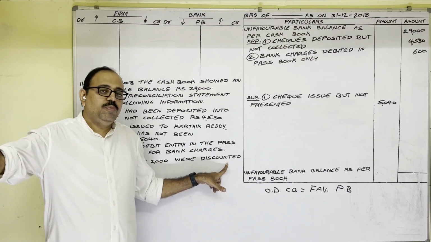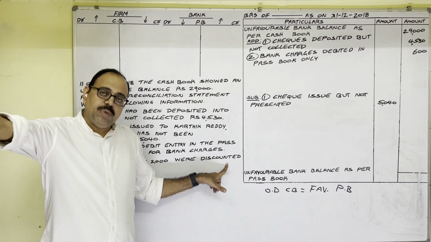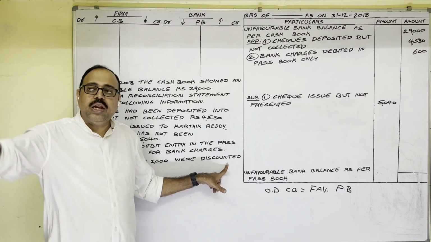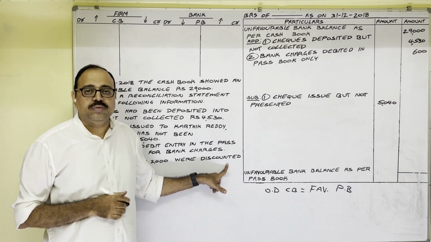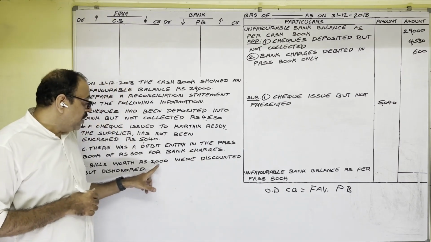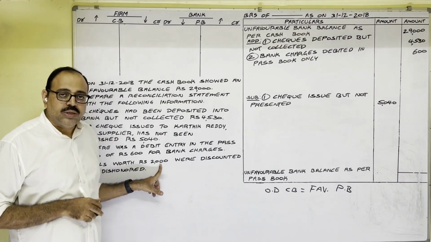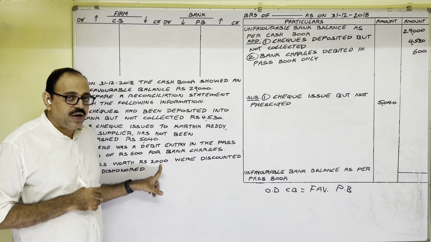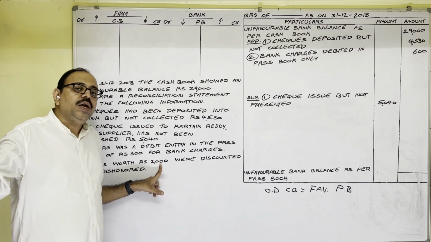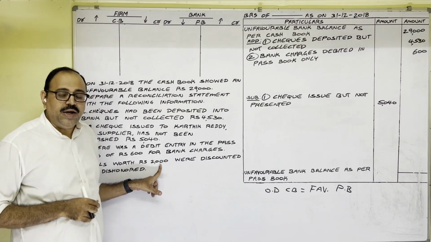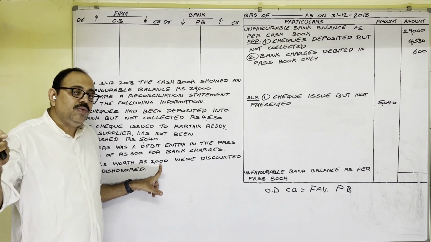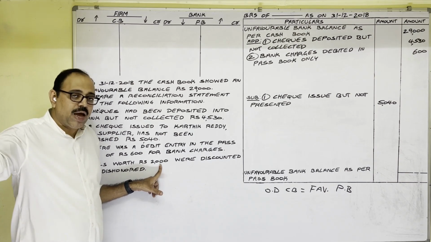When we discount that bill, the bank will deduct some amount towards discount and the remaining amount they will pay to us. Assume they have deducted 200 rupees. Then the remaining amount, 1800, will be deposited in our account. And we sold the bill to the bank. Now the bill is with whom? With the banker.